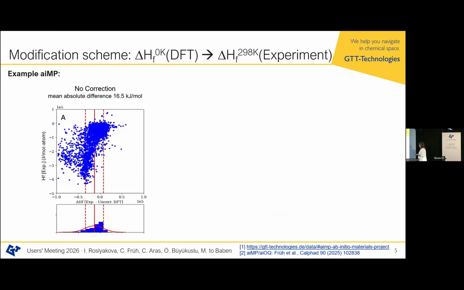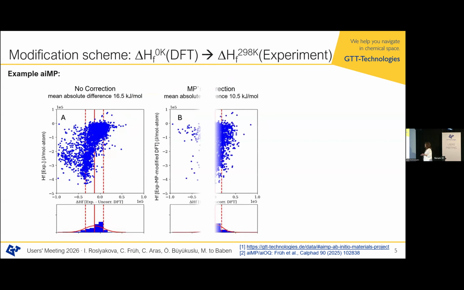So how has the correction been done? At first, if you did not do any correction and compared the DFT 0 K data with experimental data, we can see that the mean absolute difference would be like this, and we're probably not so happy. It also doesn't follow a normal distribution, as we would like to have in order to correctly apply machine learning and also statistical models, as also mentioned by the previous speaker. Right now, thank you that people are still calling some of them statistical models. I really like it.